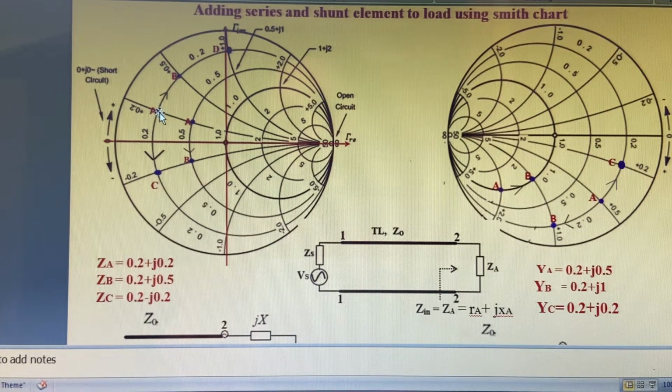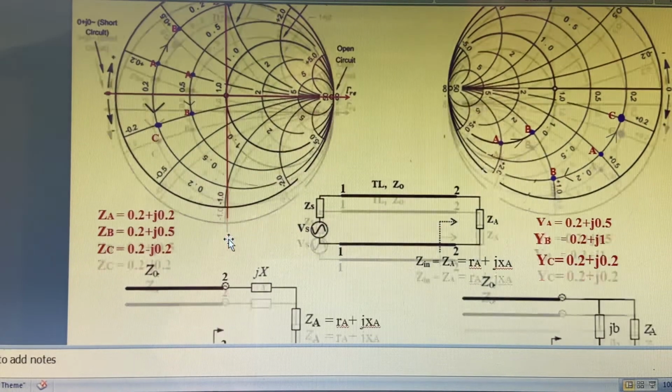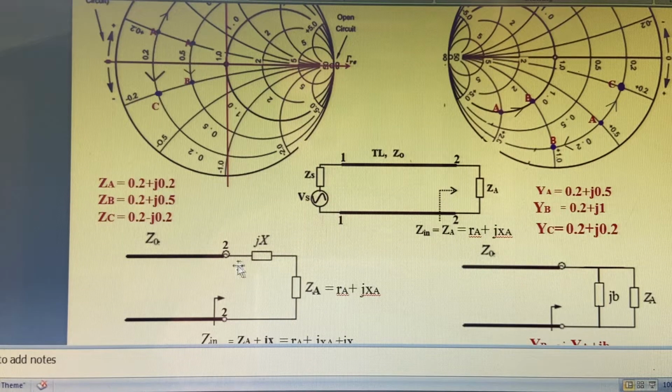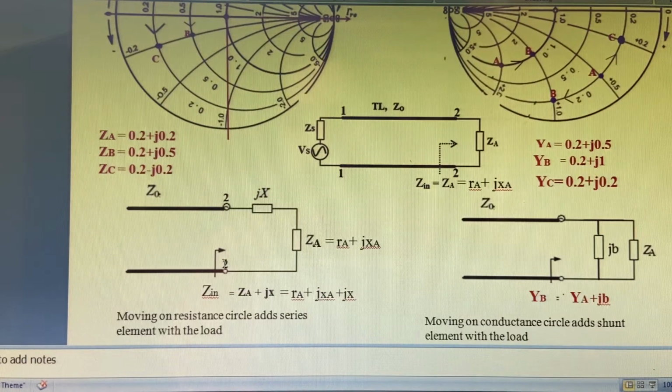If you move in the clockwise direction like this, it adds a series inductor. From the existing point, if you move over the resistance circle in the anti-clockwise direction to any point, it adds a capacitor in series. Then the overall impedance looking into the terminal changes.